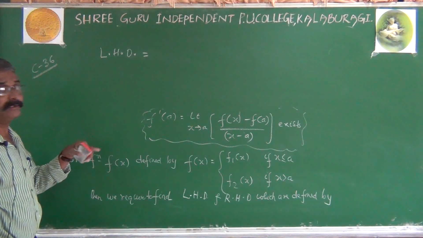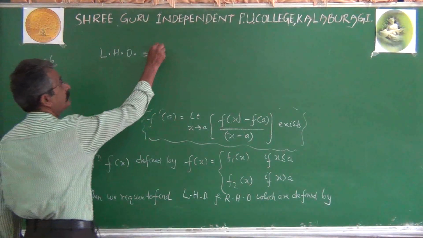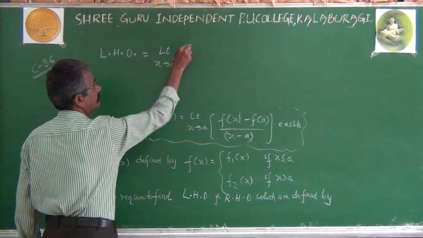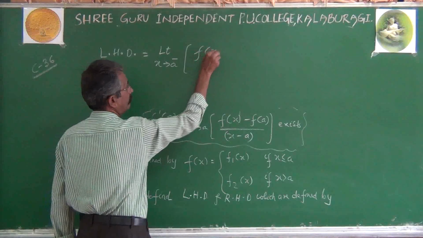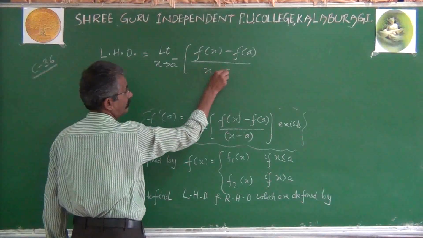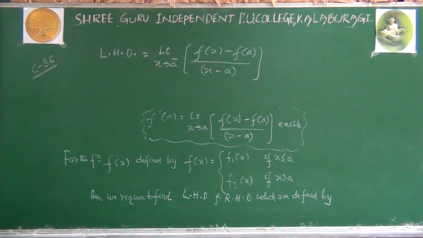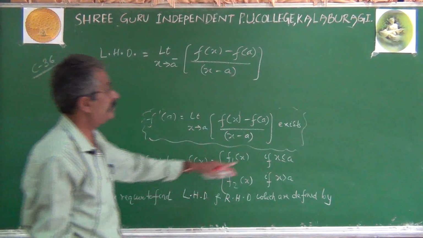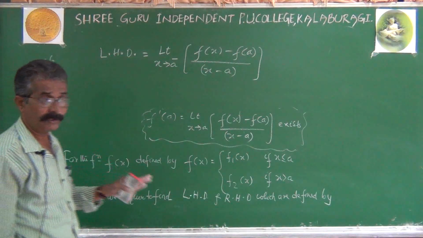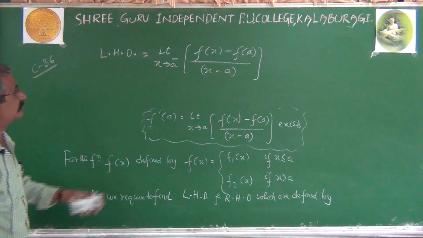Left means slightly less than, right-hand means slightly greater than. So this is the limit as x tends to a minus of f of x minus f of a divided by x minus a. That means to estimate the left-hand derivative, refer to x less than a in the function. To estimate the right-hand derivative, refer to x greater than a in the function. It's a very simple logic.